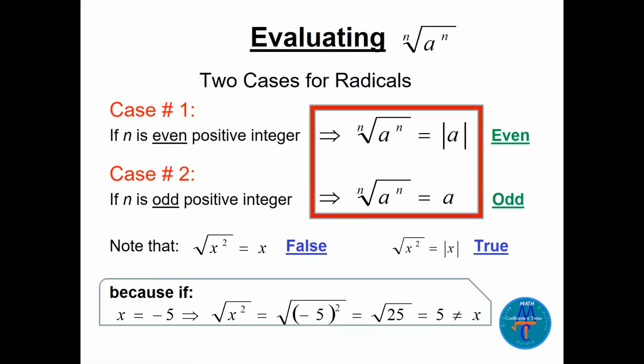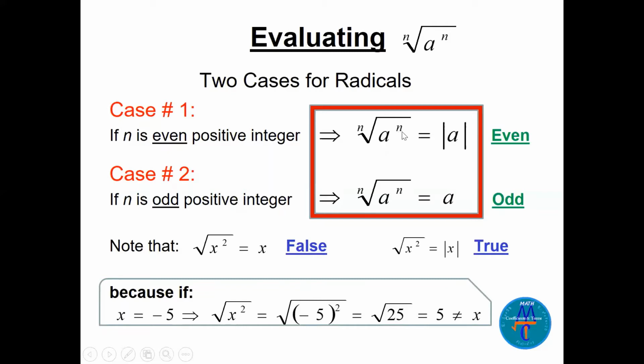Now, this is what I'm saying here. If you need to simplify or evaluate nth root of a to the power n, you have two cases actually. You have to look at the index. The index will tell you how the answer will look. The index is either even or odd, a positive integer.